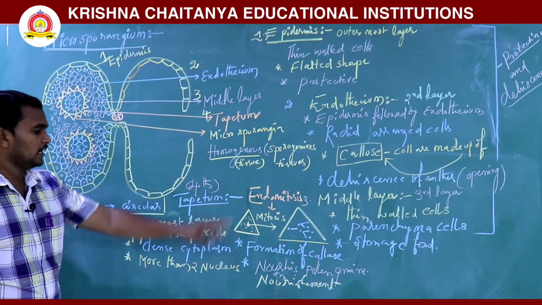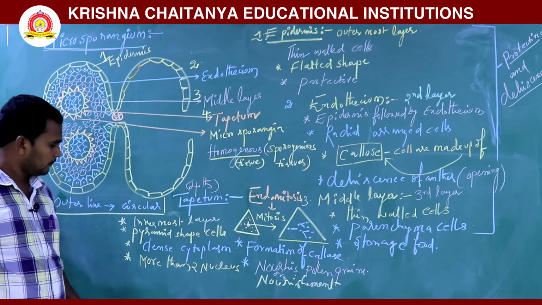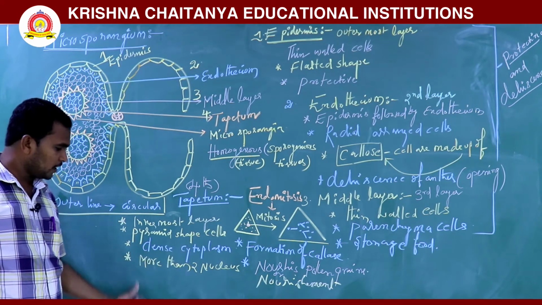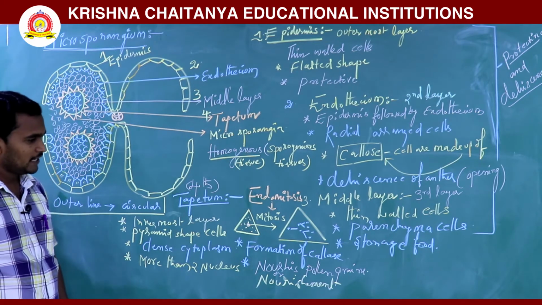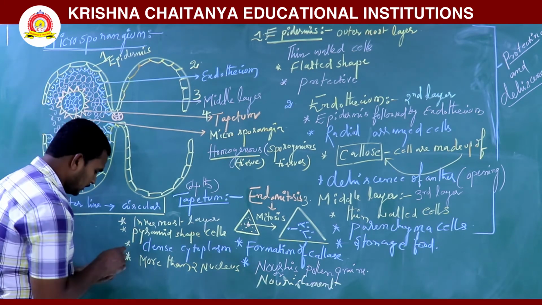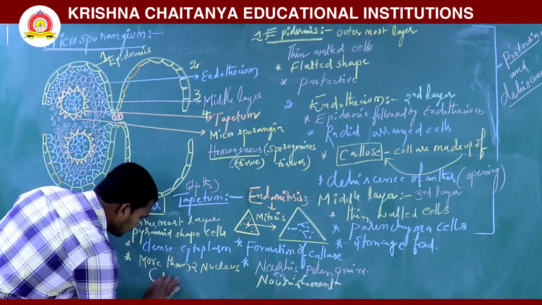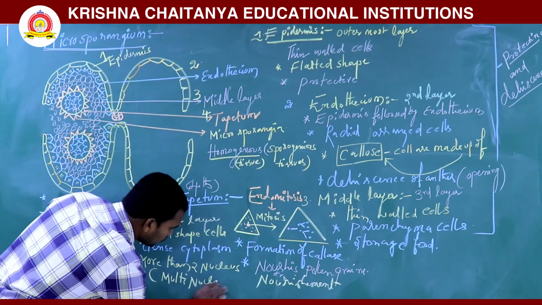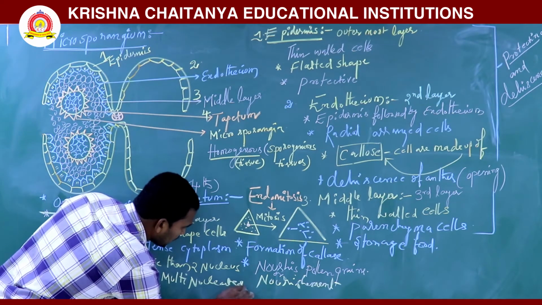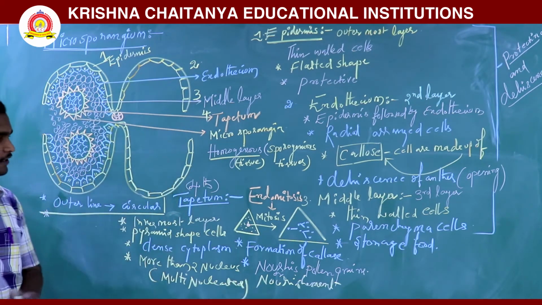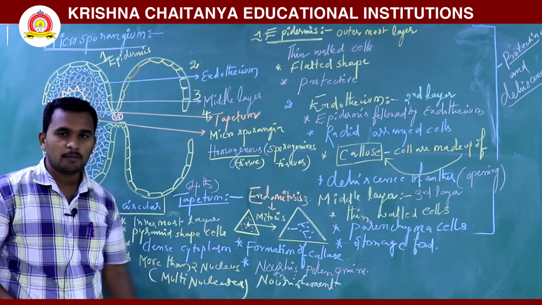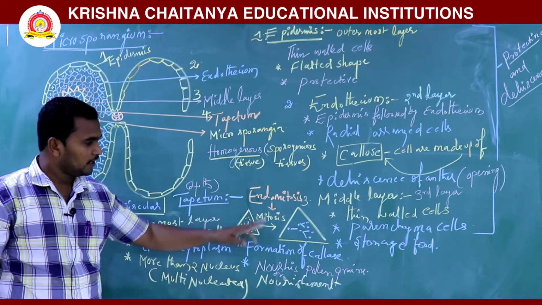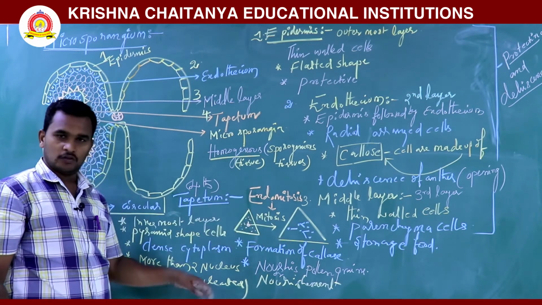It is the innermost layer, with pyramid-shaped cells. They contain dense cytoplasm and more than two nuclei, so the condition is called multinucleate. Due to endomitosis, where mitosis takes place inside the nucleus, it produces a number of nuclei.